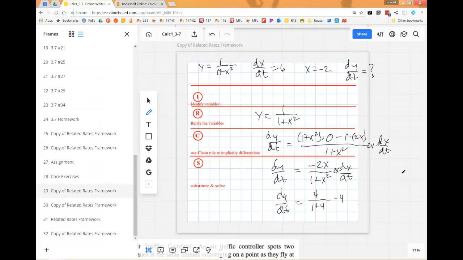And dx/dt is 6. So if we simplify that, we get -24 times 4, which is 96. So we get -96 on top over 5. And that's supposed to be an equal sign there. That would be the end of number 6. Any questions?